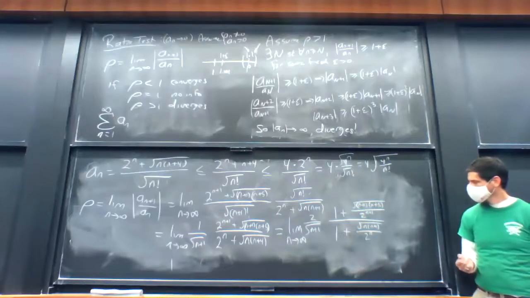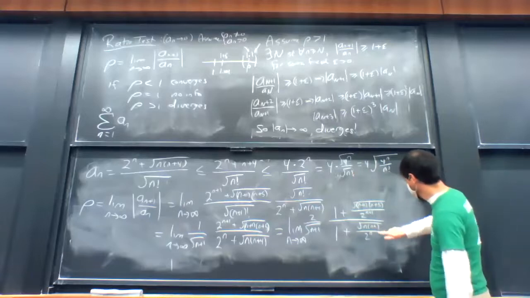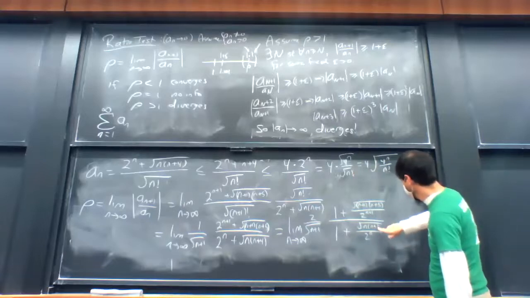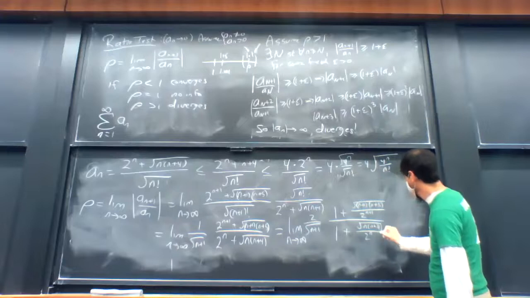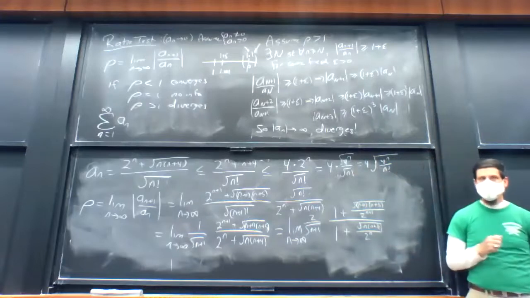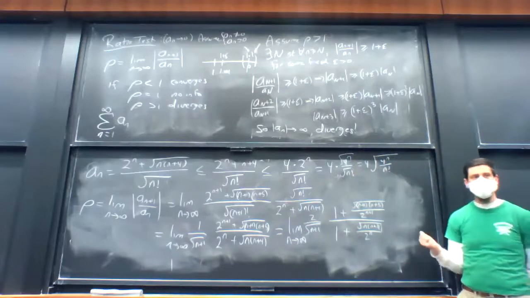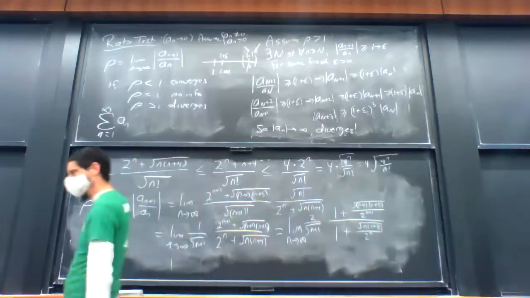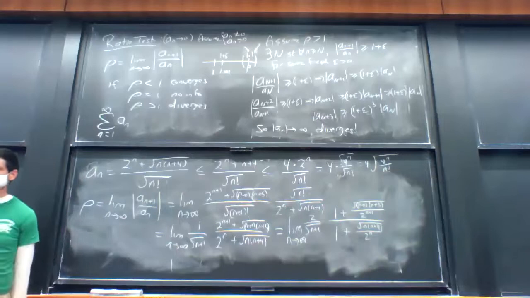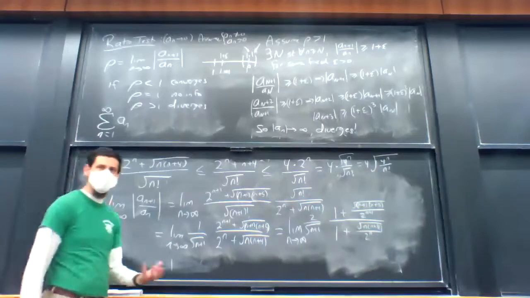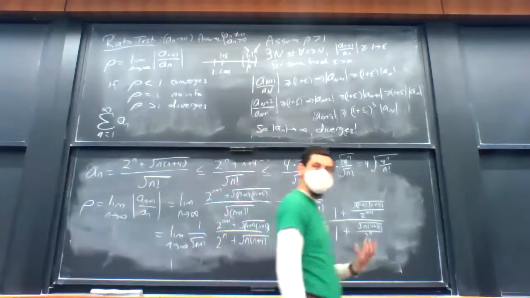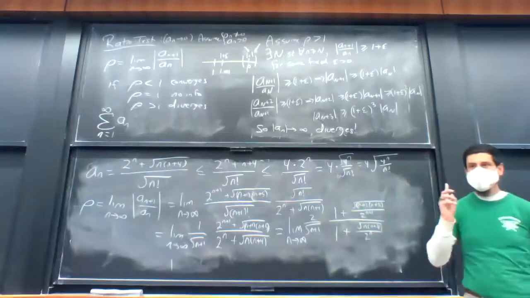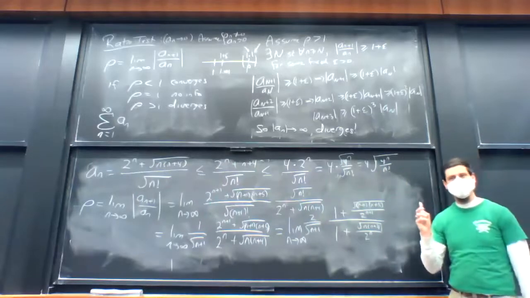Why is it now n plus 1? Because I have made a mistake. It should be n plus 1. We now have a limit of a product. What is a limit of a product? So the limit of a product is the product of the limits, so long as you are not in an exceptional case.